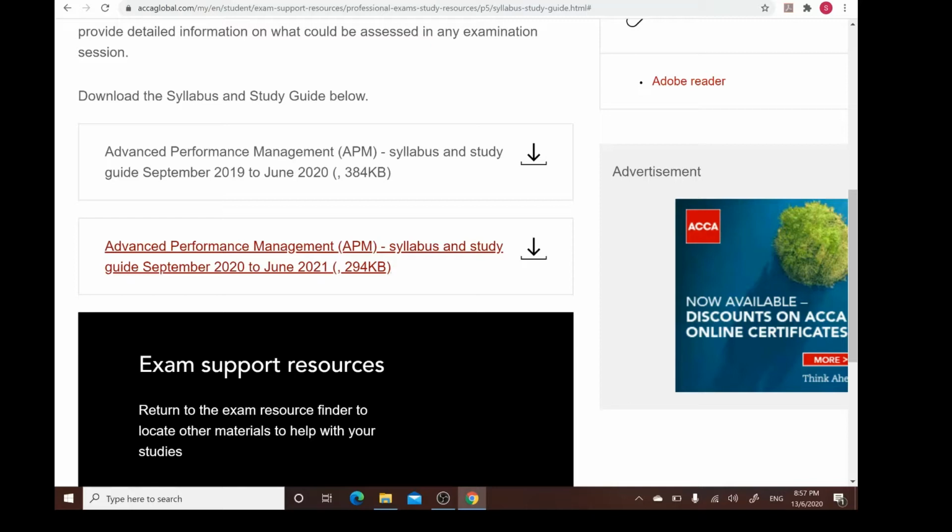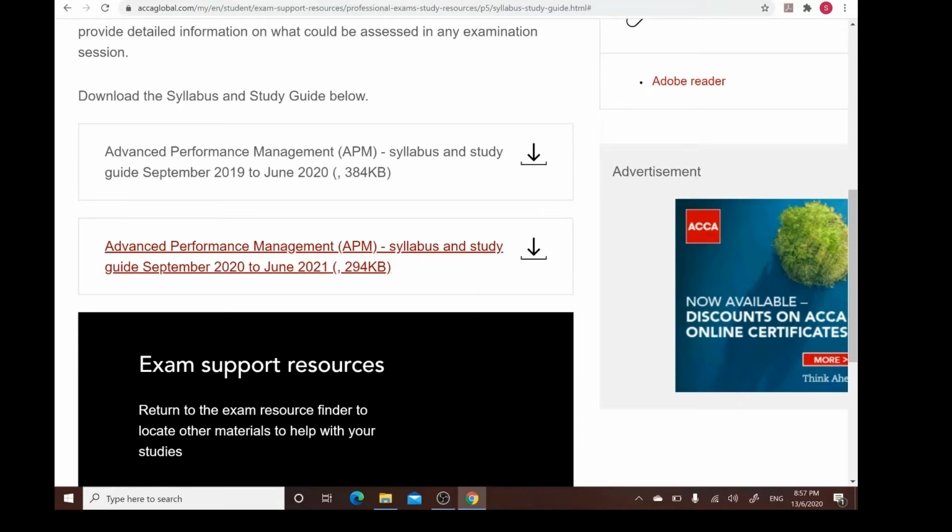Since you will be going for the September 2020 or later exams, say in 2021, I believe the second link is what you're looking for.